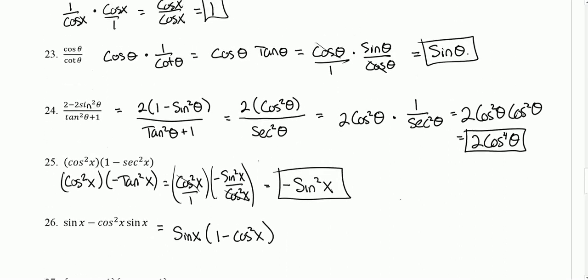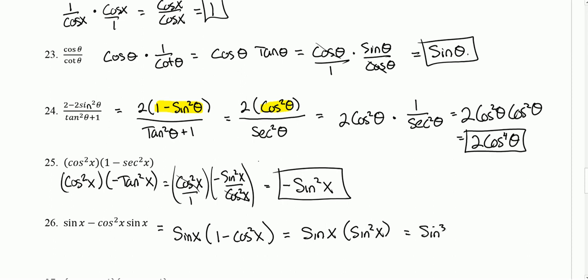We did that back at 24. I'll highlight it right here. We had the 1 minus sine squared theta, and we changed it to cosine squared theta using the trig identity. So I'm going to use that again in 26, and I get sine of x times sine squared x, which is equal to sine cubed of x.